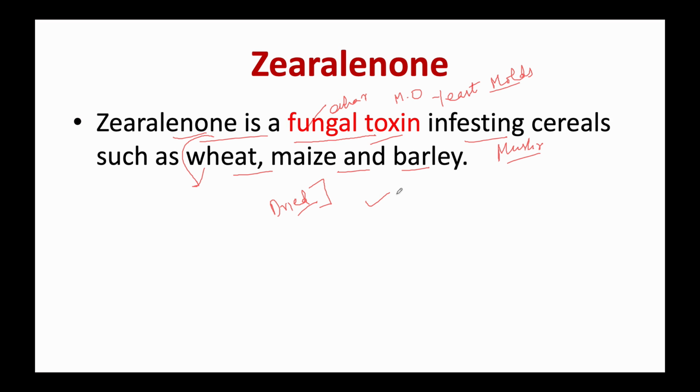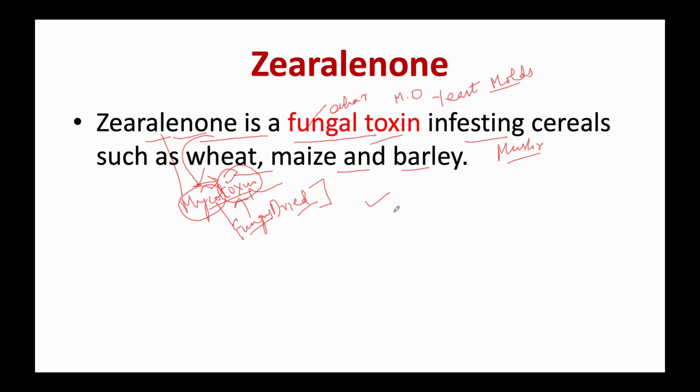And in particular, what is Zearalenone? It is a secondary metabolite, right? It is a mycotoxin. So here I am using the word mycotoxin. So mycotoxins are special toxins, just to name them. When there is a myco behind a toxin, that means it is produced from a fungus, right? So then it is known as mycotoxin, and they infest the cereal especially.